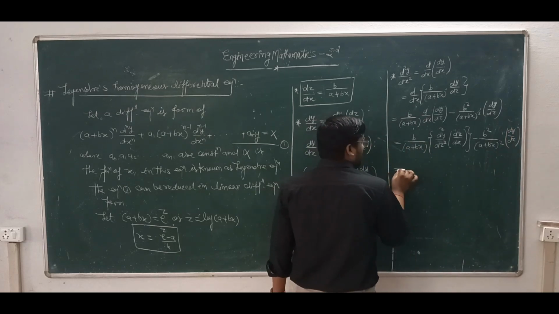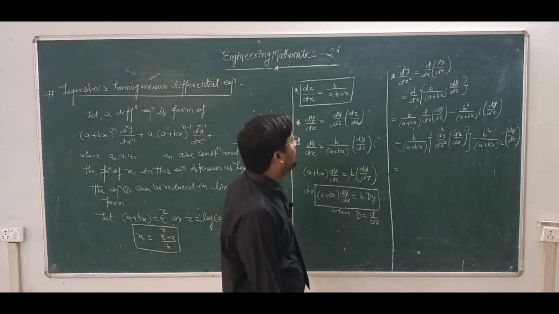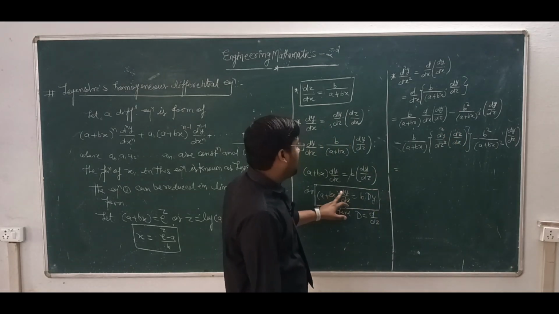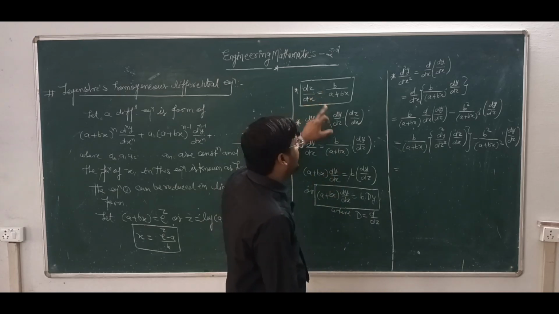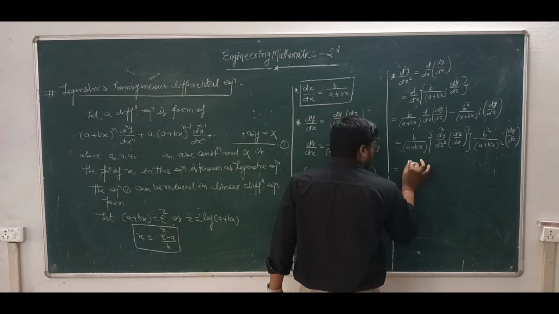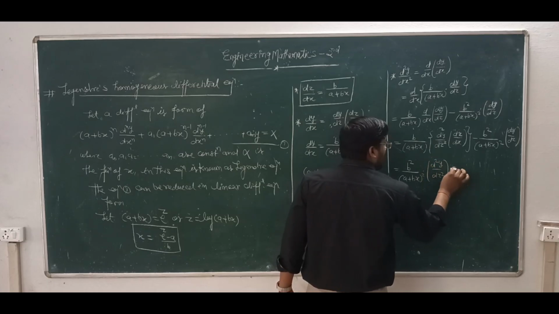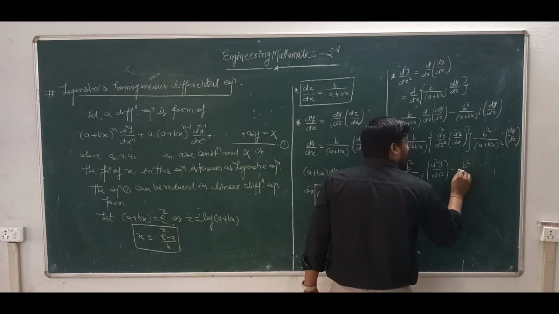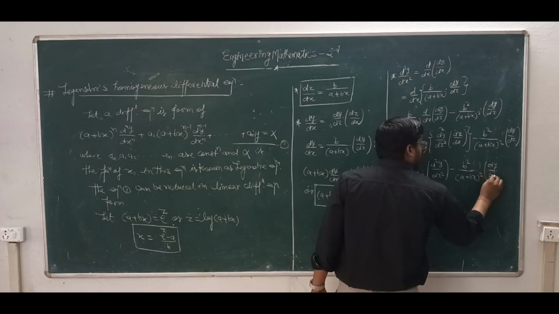Now put the value of dz by dx. You can write b square upon (a plus bx) to the power 2 into d2y by dz2 minus b square upon (a plus bx) to the power 2 into dy by dz.